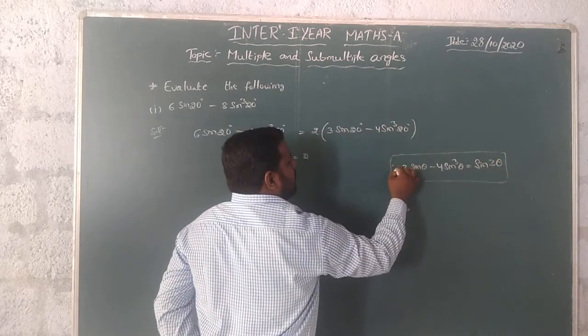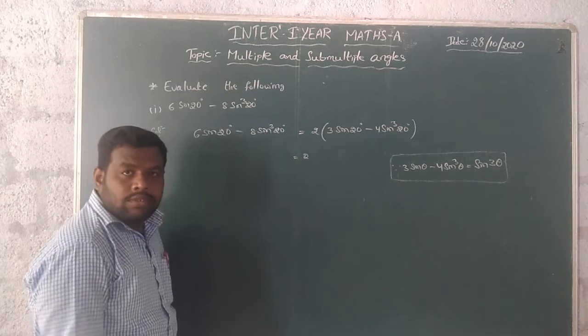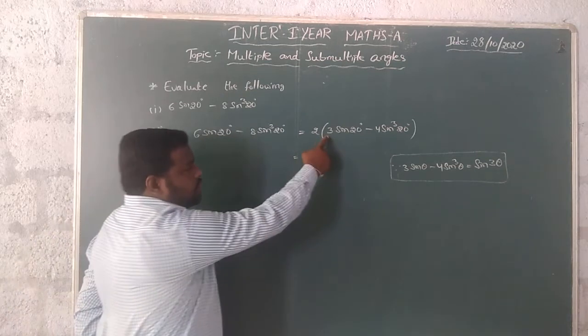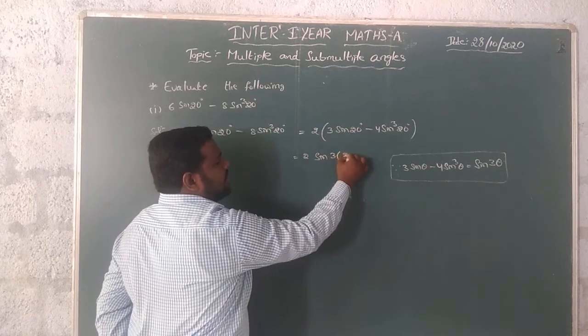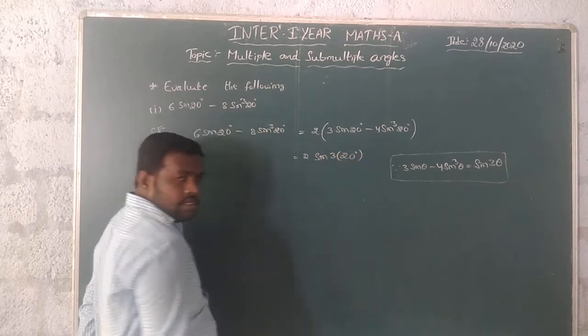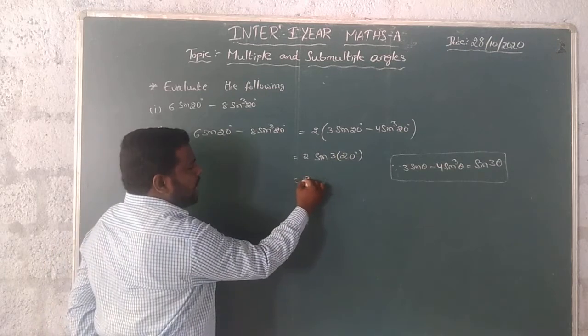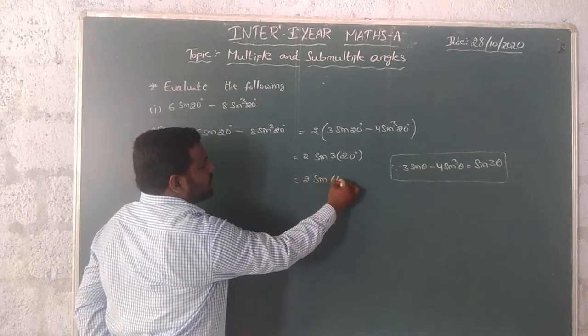By using the multiple angle formula, this total term can be written as sin 3 into theta, here 20 degrees. That equals 2 sin 3 into 20, 60 degrees.